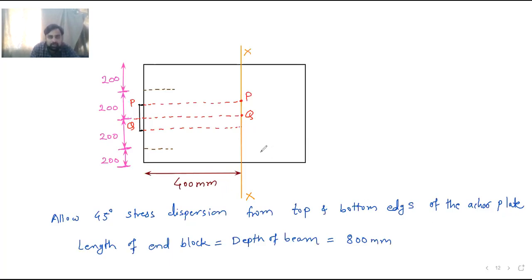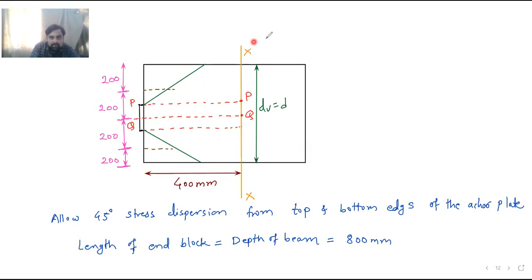Then here you can see the dispersion. If I draw the 45-degree dispersion line, it may be like this, somewhere here. So in between this dispersion, if any point is there, then your depth is dB. Now what depth are we going to consider for this? Now we are going to consider the whole depth for the calculation, which is dV, equal to d.